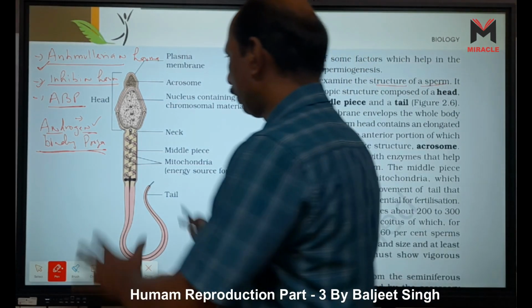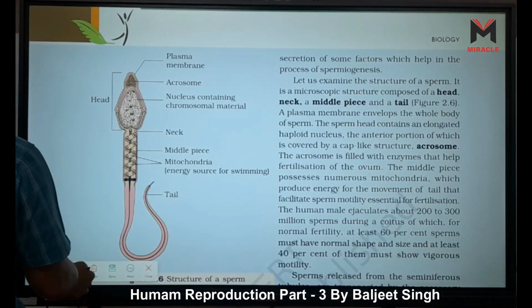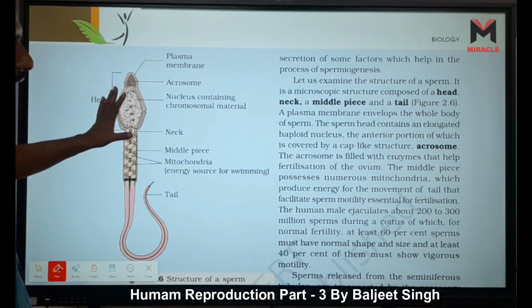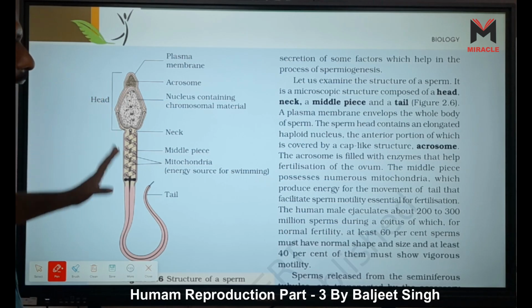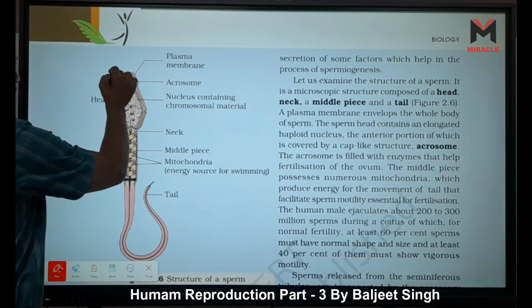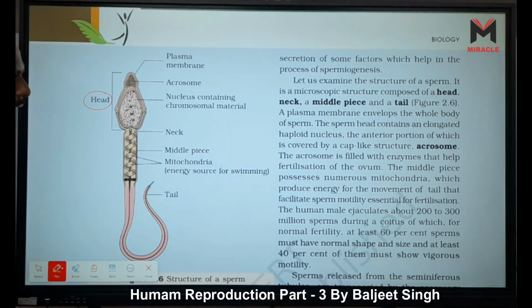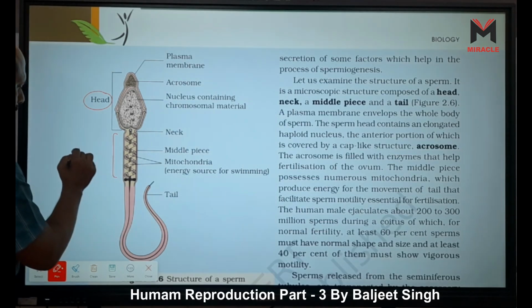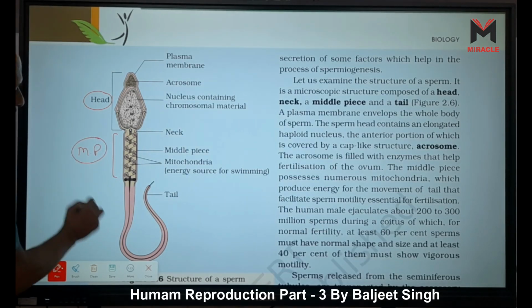Now let us examine the structure of a sperm. The structure is given here in our NCERT. You can see here, right? So let us examine the structure of a sperm. It is a microscopic structure composed of a head, a middle piece, and a long tail.